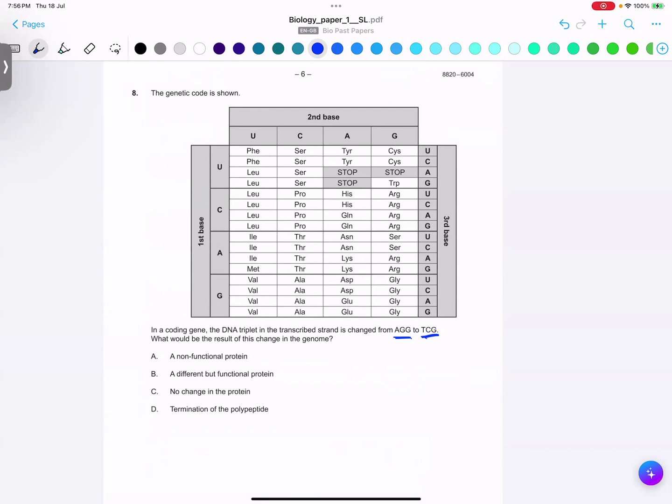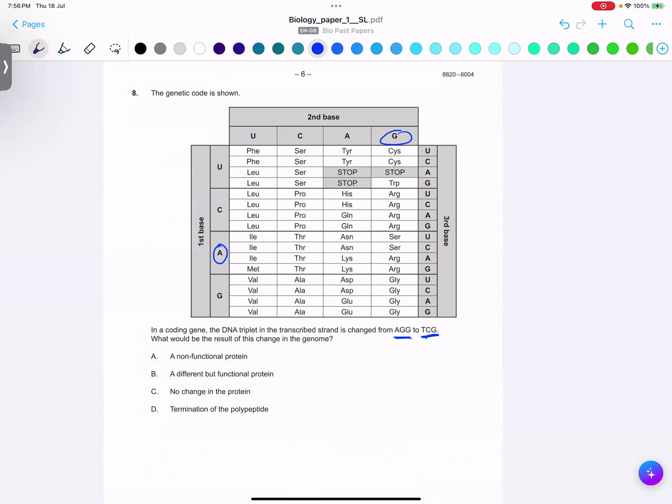So now we need to see what they really mean from the table that they have given us. So let's go. We first see the first base, which is A in this case. Second base, which is G, and third base.